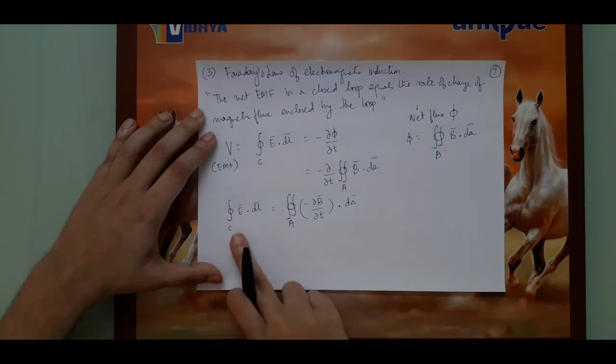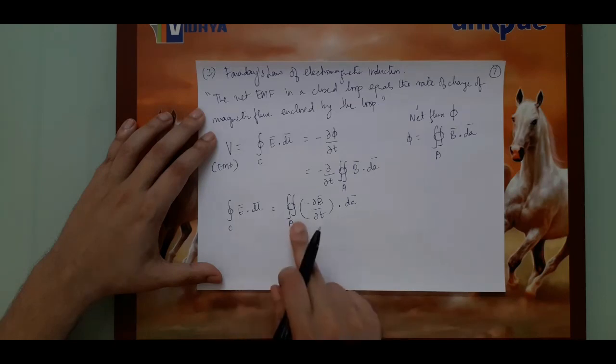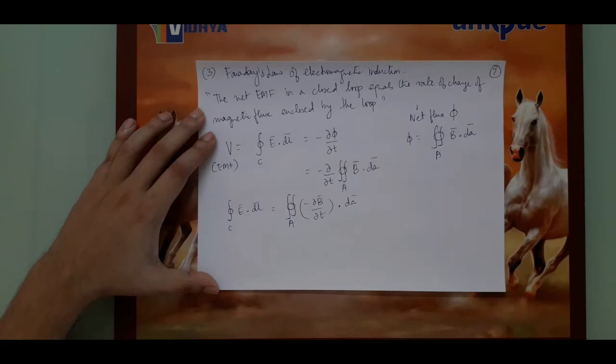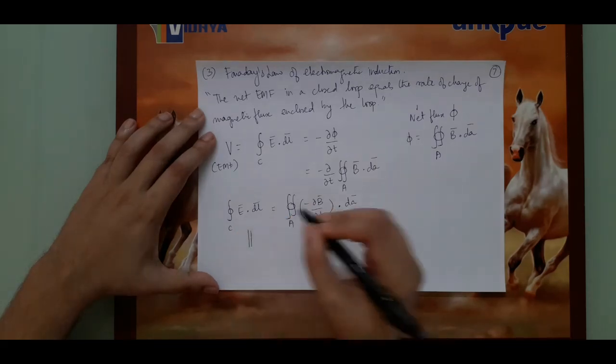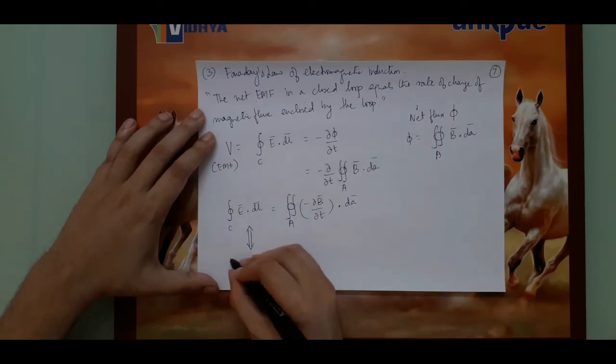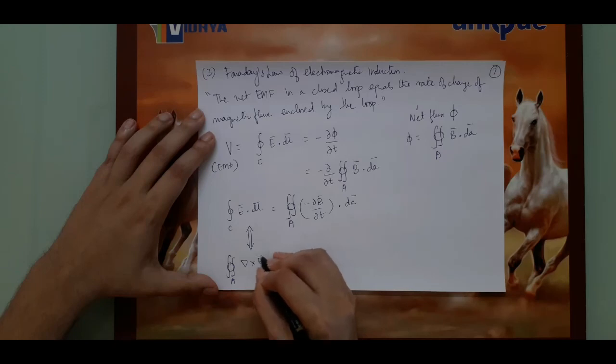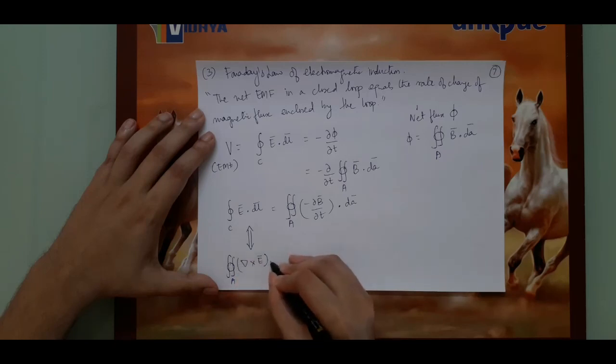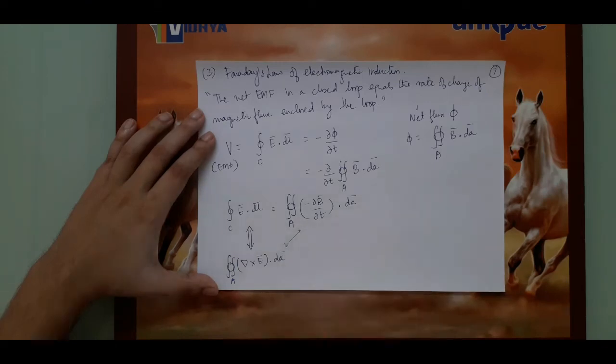Now what I am seeing is that my left hand side has a single integral and my right hand side has a double integral. So therefore I can relate the two using Stokes theorem. So this one can be written using the curl of the electric field, and this should be equal to this.